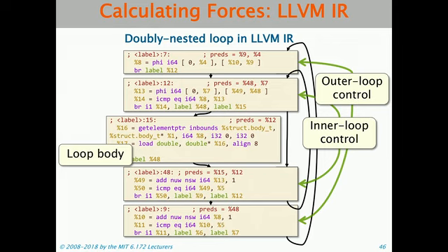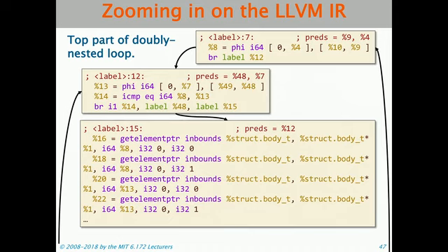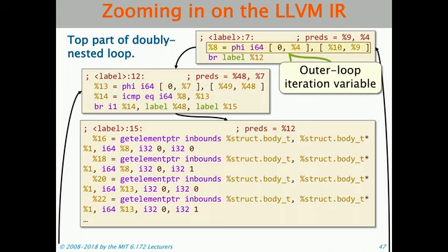Basic structure. Now, if we just zoom in on the top part of this doubly nested loop, just the topmost 3 basic blocks, and take a look at more of the code that's going on here, we end up with something that looks like this. And if you remember some of the discussion from lecture 5 about loop induction variables and what that looks like in LLVM IR, for the outer loop we have an induction variable at the very top.